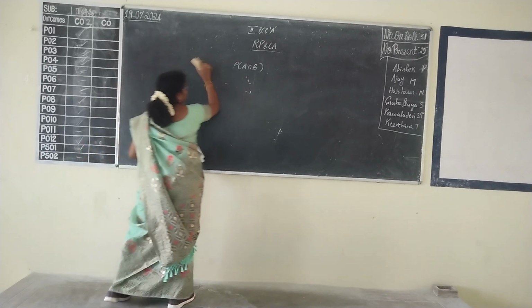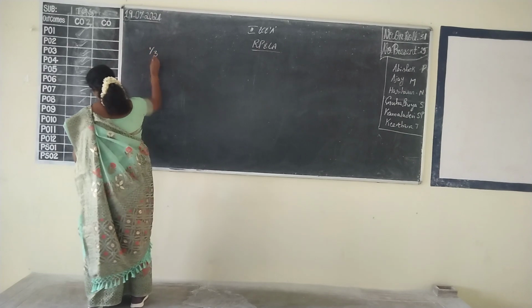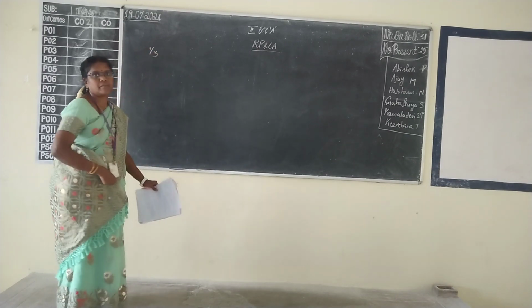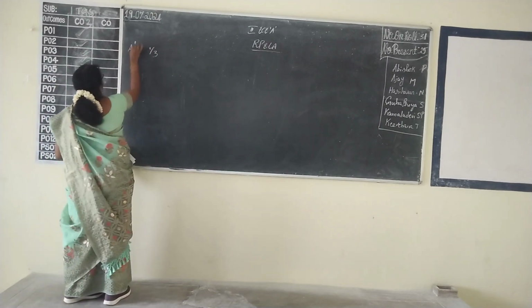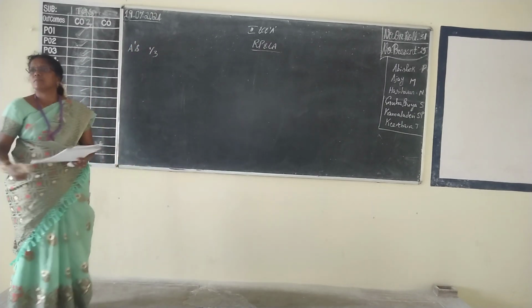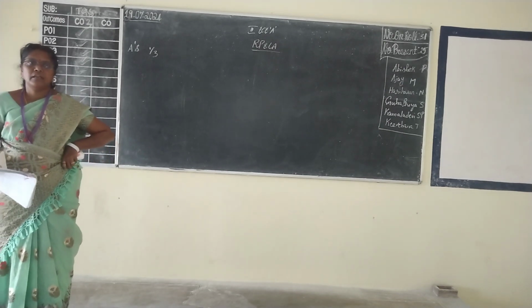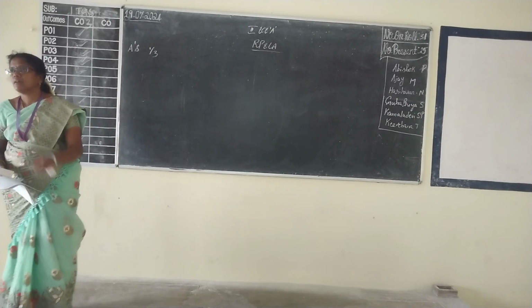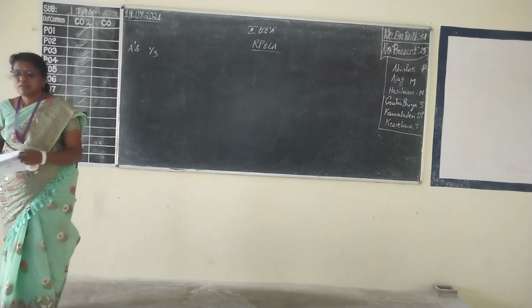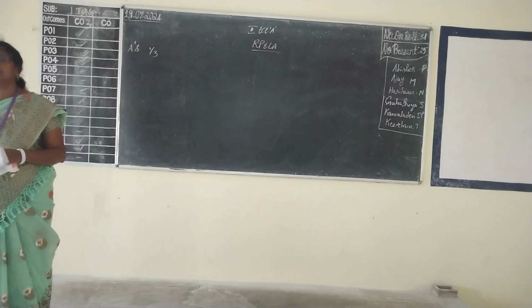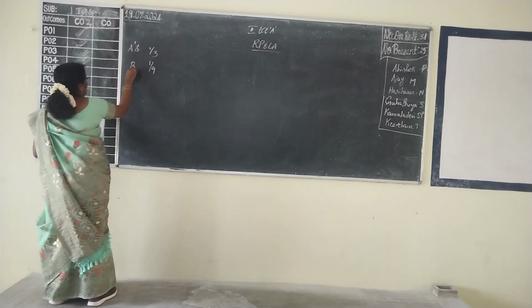The probability of A's selection is 1 by 3, and that of B is 1 by 9.